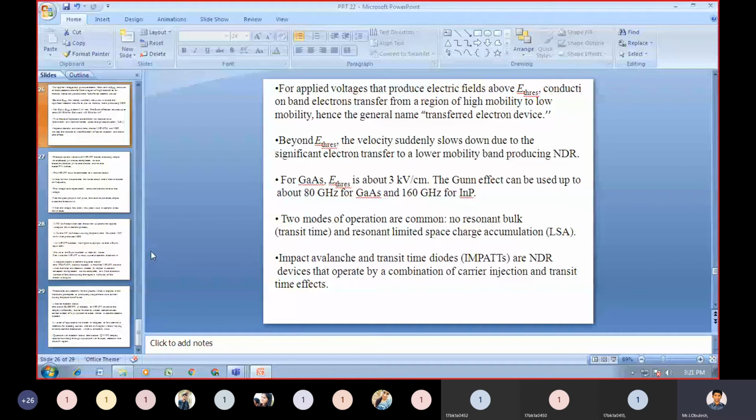For gallium arsenide, the E threshold is about 3 kilovolts per centimeter. The Gunn effect can be used up to about 80 gigahertz for gallium arsenide and 160 gigahertz for indium phosphide. We have two more modes of operation that are commonly known as resonant bulk and resonant limited space charge accumulation.